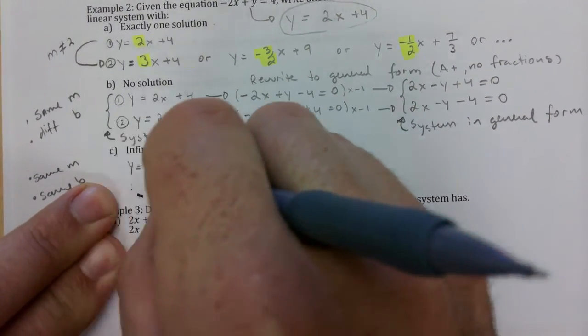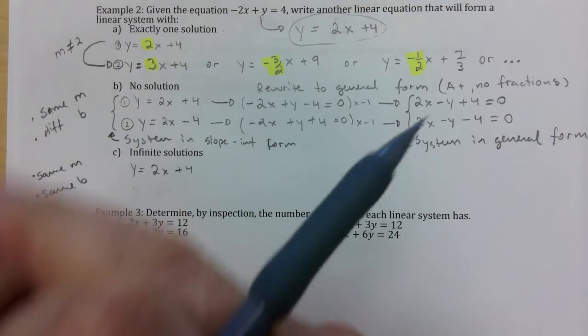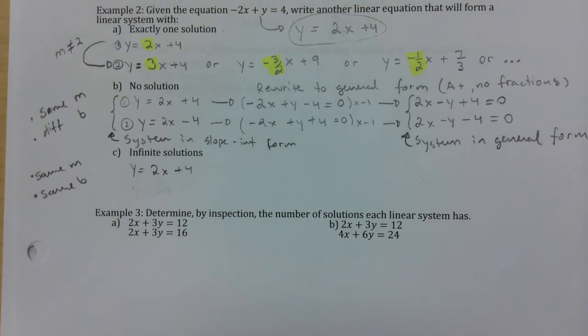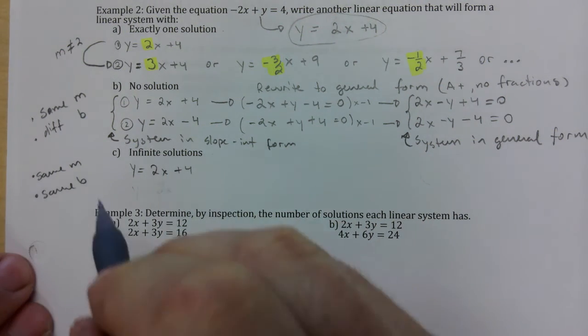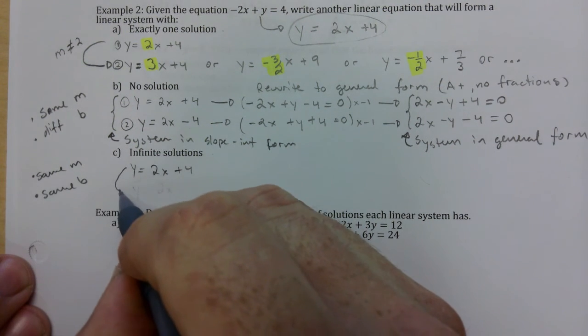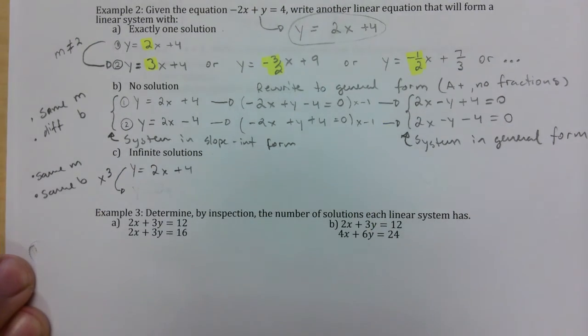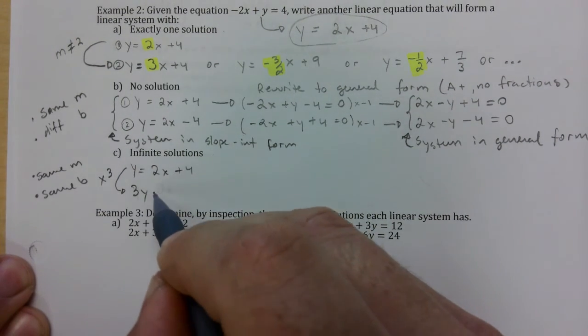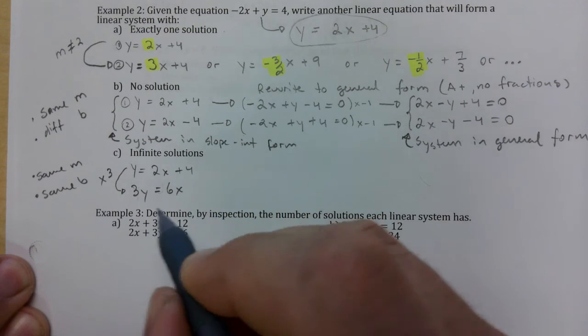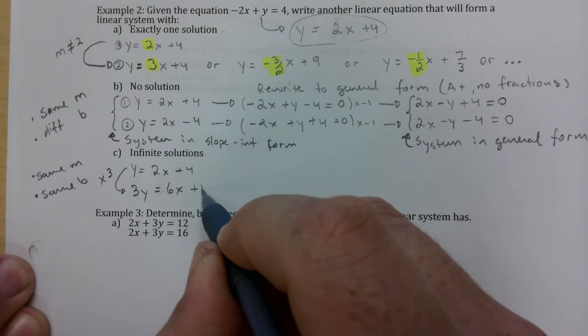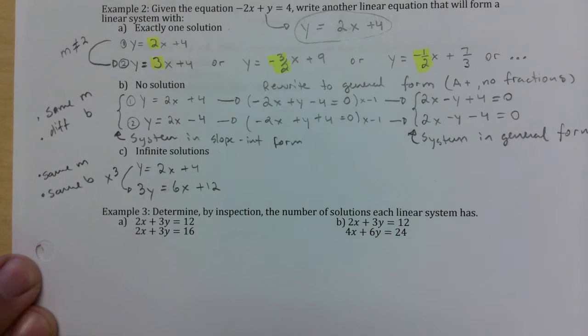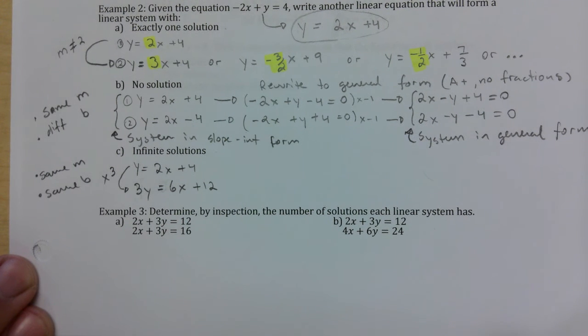We're going to make it a little bit different, because usually they're not going to look exactly the same on a question. So I would like you to do the same. We're just going to take this and multiply it by 3, let's say. So it's 3y is equal to 6x plus 12. If you do that, then you'll be fine as well.